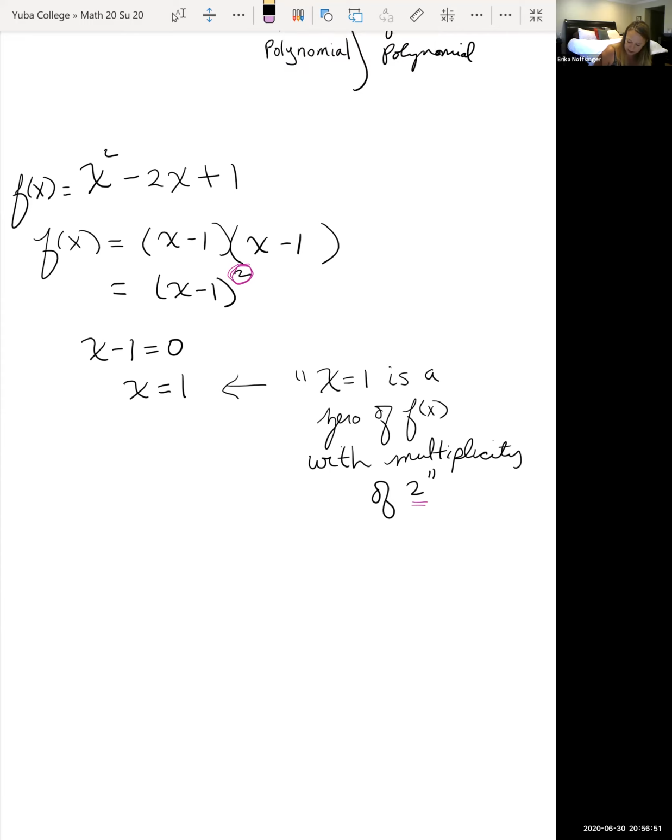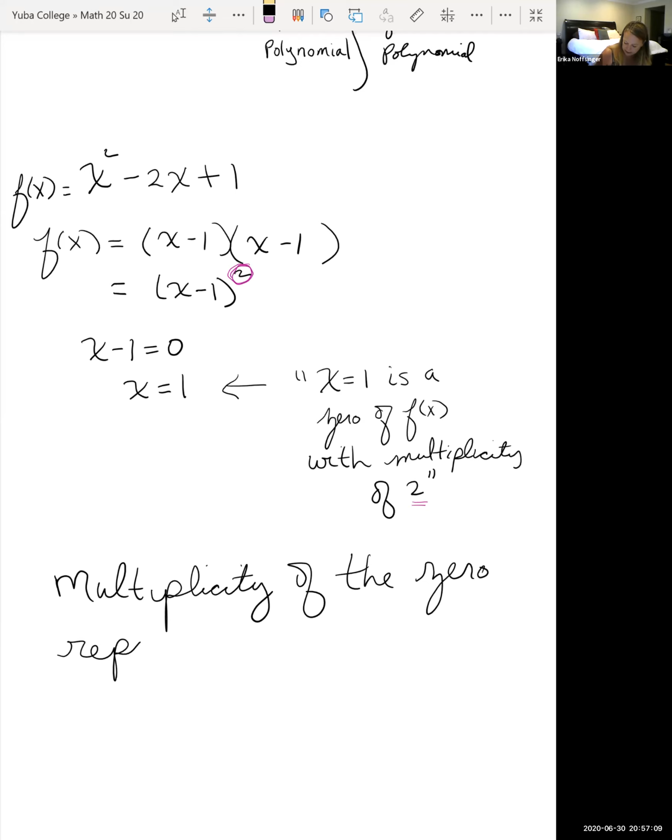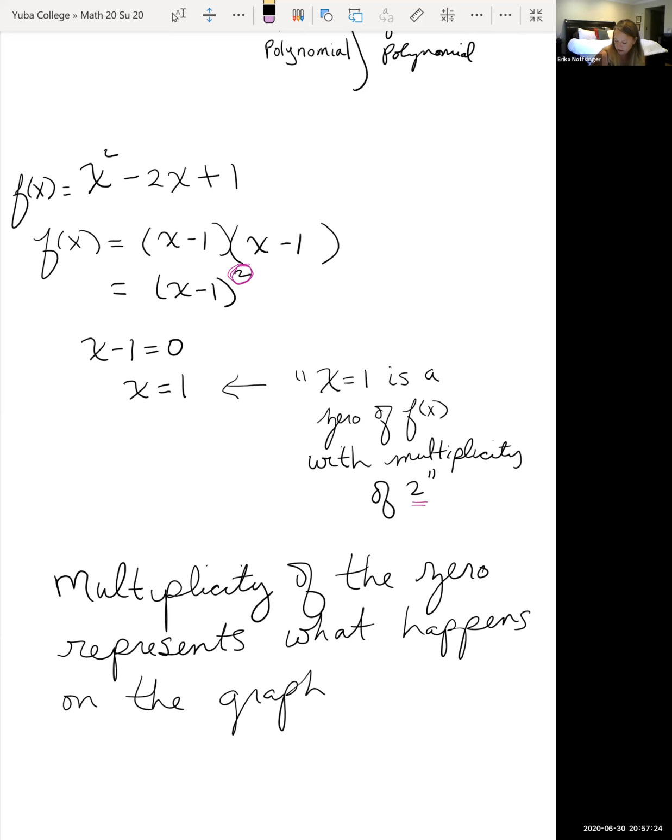So the multiplicity of the 0 represents what happens on the graph at the x-intercept.